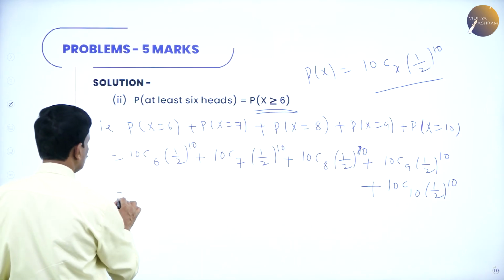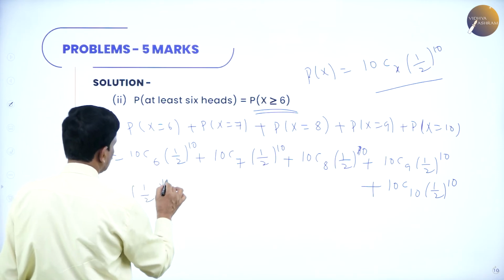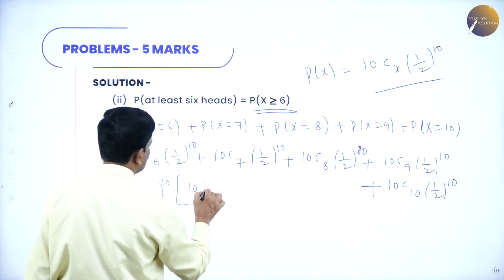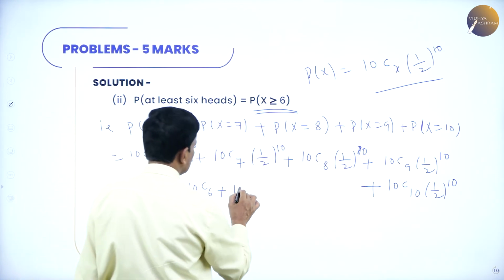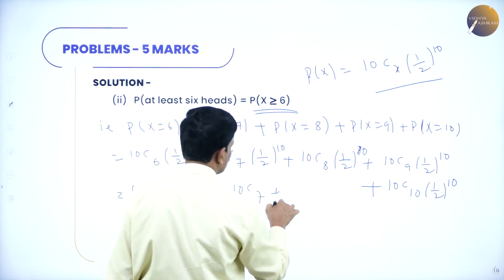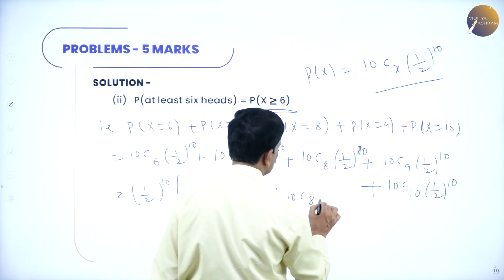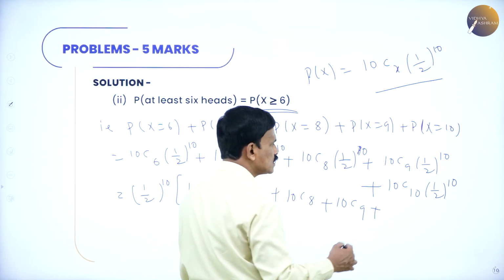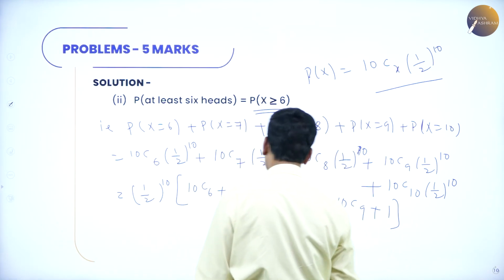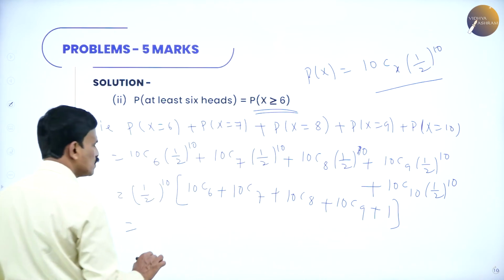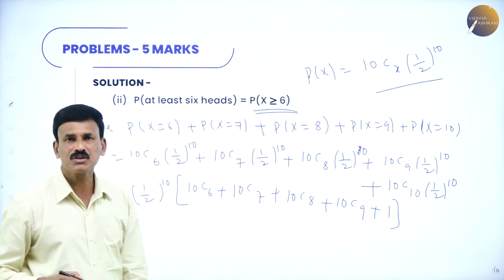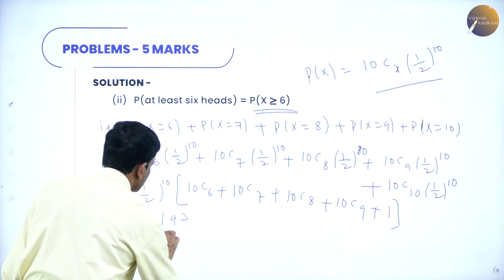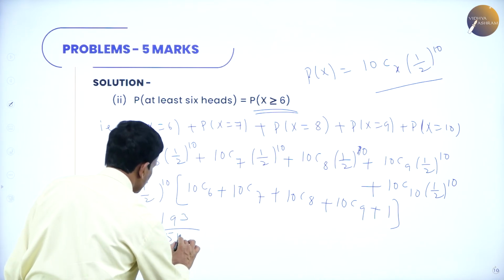So if we take (1/2)^10 as the common factor and simplify, 10C6 plus 10C7 plus 10C8 plus 10C9 plus 10C10, if you simplify this, the answer you are going to get is 193 divided by 512.